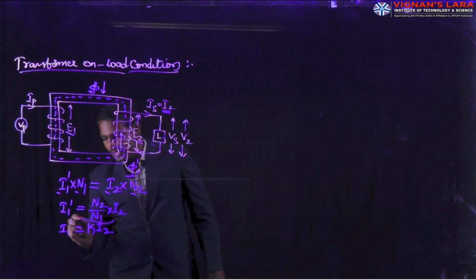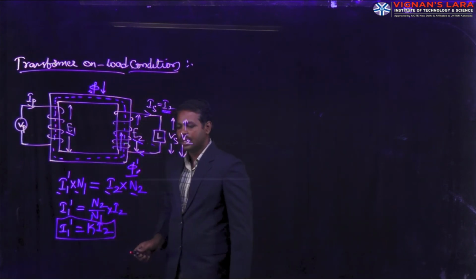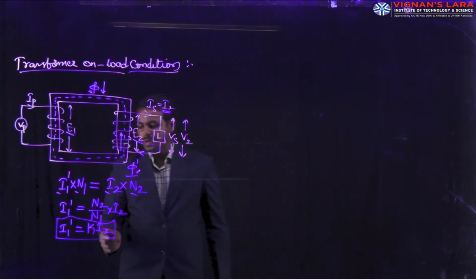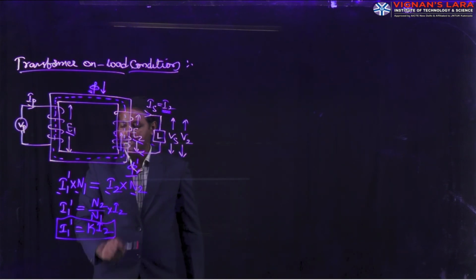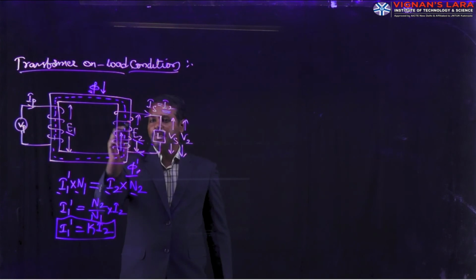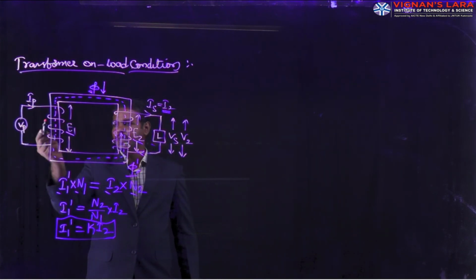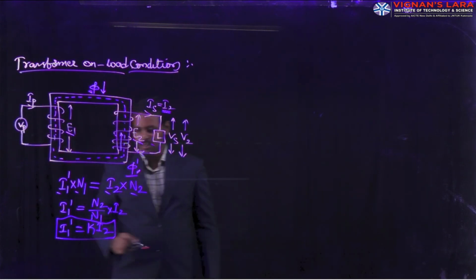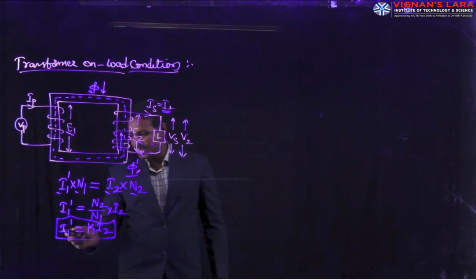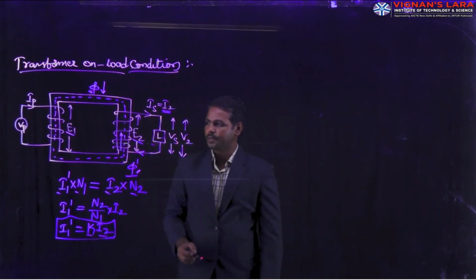This is a very, very important equation: I1 dash is always equal to K times I2. Whenever the ampere turns are compensated by the secondary winding, the corresponding current drawn from the supply is I1 dash, which is K times I2.